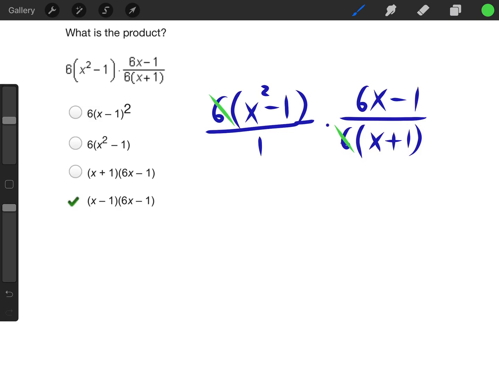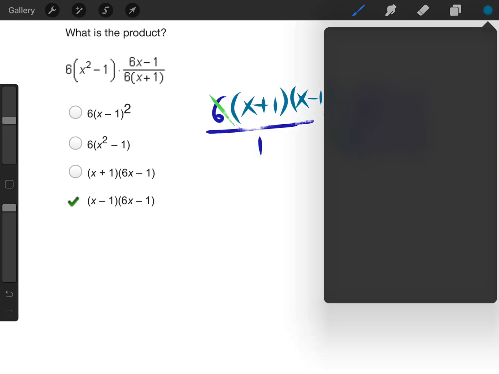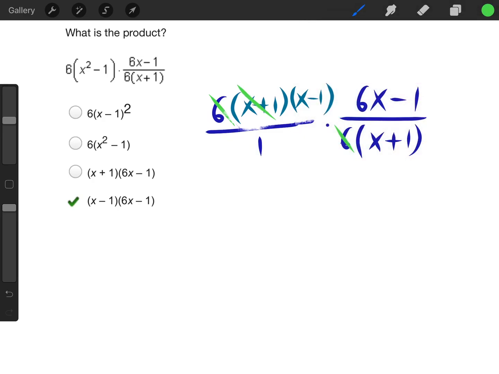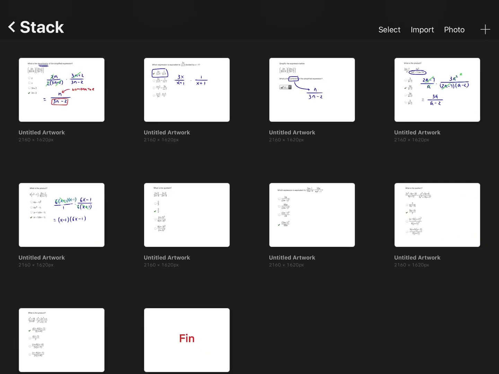I'm going to rewrite this x squared minus 1 in factor form. It's going to be in 2 parentheses, x plus 1, x minus 1. That allows you to cancel out the x plus 1 and x plus 1. So now you just multiply across. You just have x minus 1 times 6x minus 1.